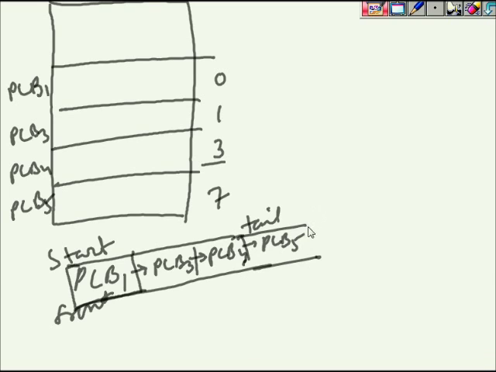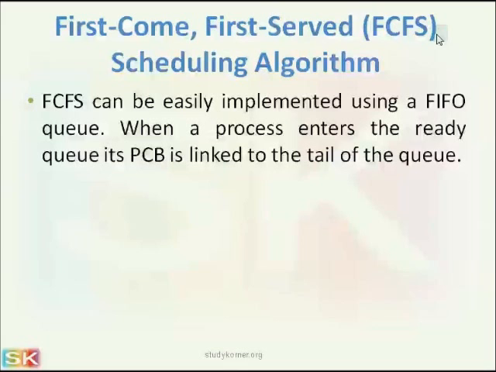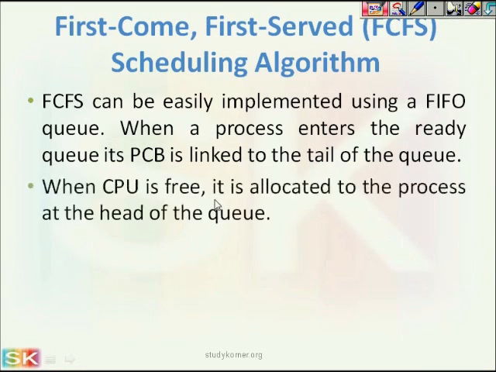So whenever a new process is submitted, it will be appended at the tail, and processes are executed starting from the start pointer, right? So this is how we can implement FCFS. When the CPU is free, it is allocated to the process at the head of the queue, that is your start.